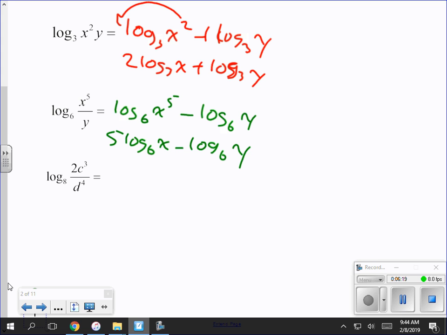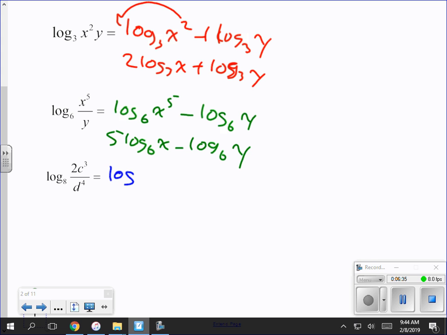On this last one, I have multiplication and division. Anything that's in my numerator, I've got a combined thing here. Anything that's in my numerator is addition. Anything that's in my denominator is subtraction. That's it.